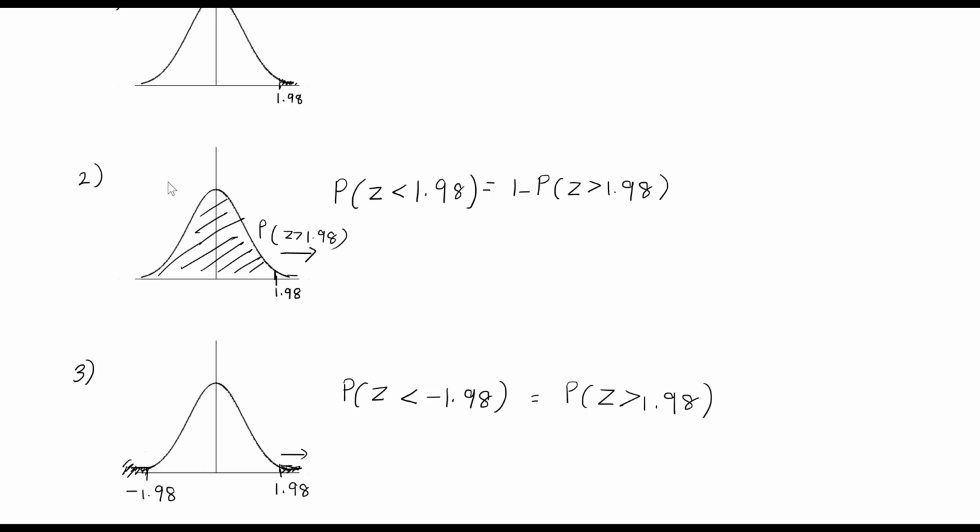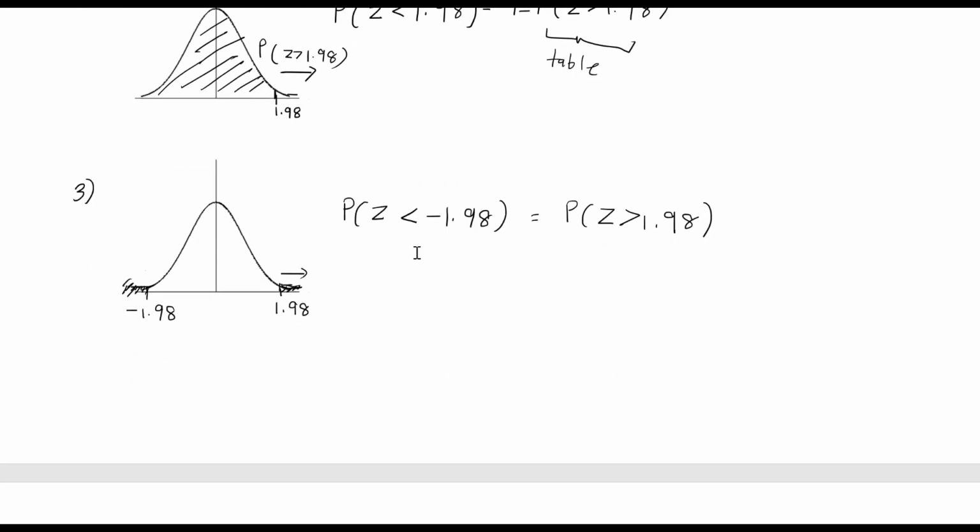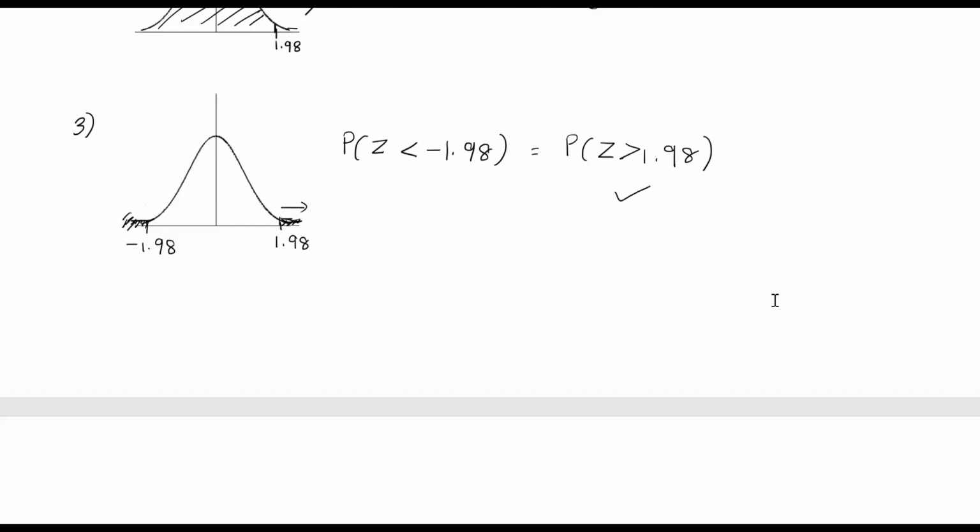That's why we get the formula 1 minus the probability of z greater than 1.98, which we can get from the table. It goes the same for example 3: we have less than and negative, so it is equal to z greater than, which we can get from the table.